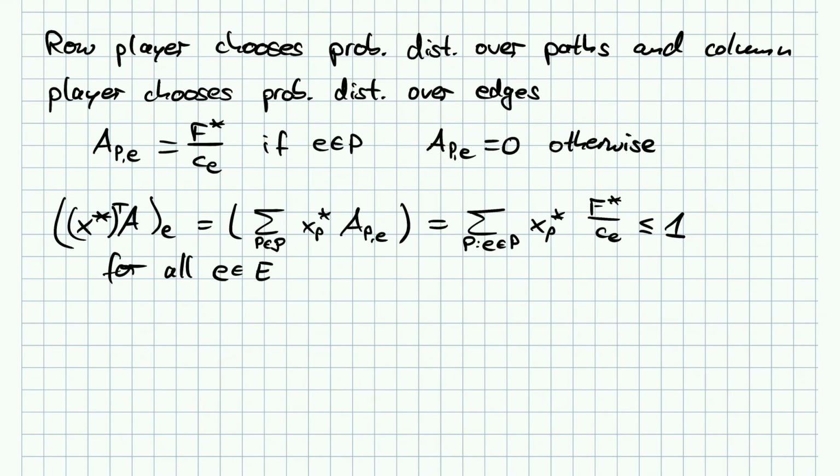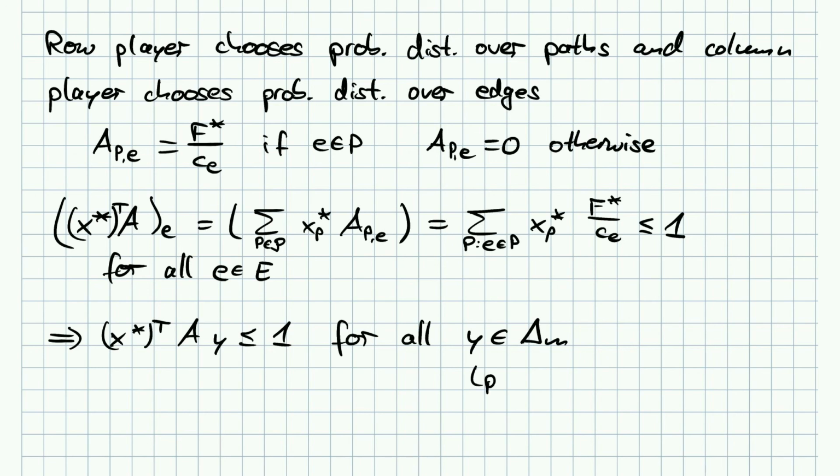And what does this tell us? This tells us that x star transposed times A times y will be at most 1 for all y in delta M, where this y is now a probability distribution over edges.